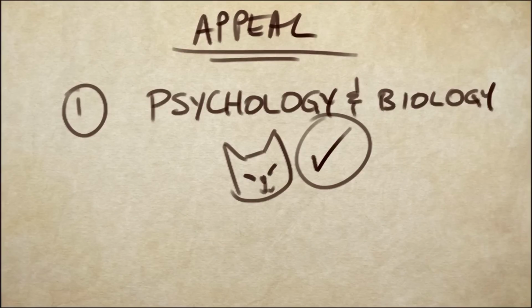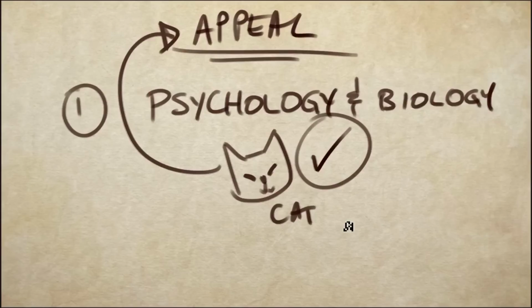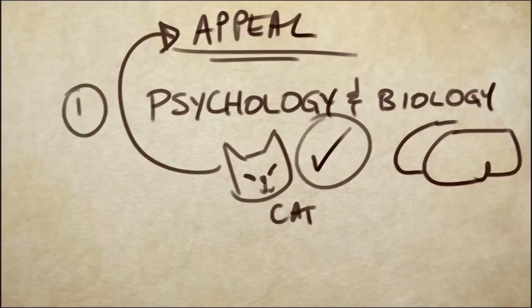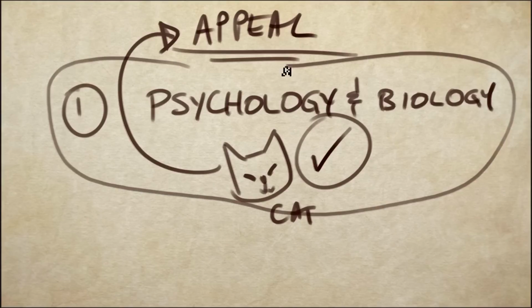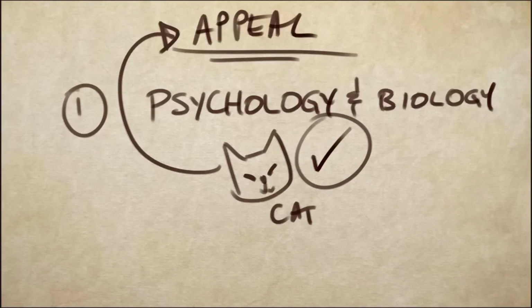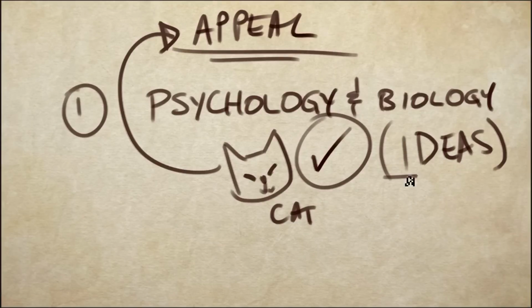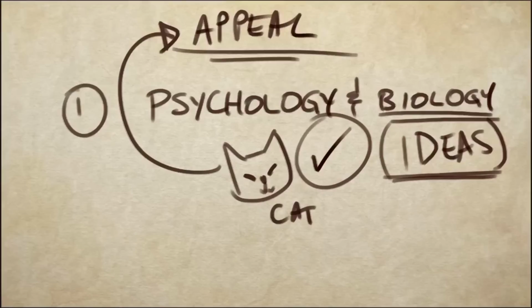So this is appealing to me because it is a cat. You might draw shoes and be like, well, these shoes are mighty appealing to me. Whatever it is, I feel like that's the king, and you could say it's ideas which you respond to on a psychological or perhaps biological level. That's one way of achieving appeal.